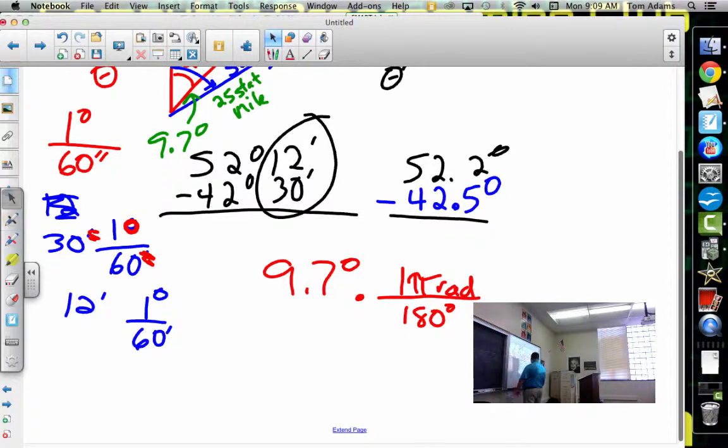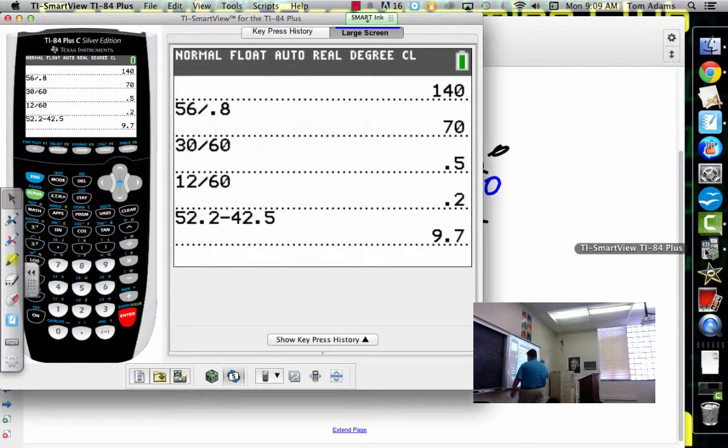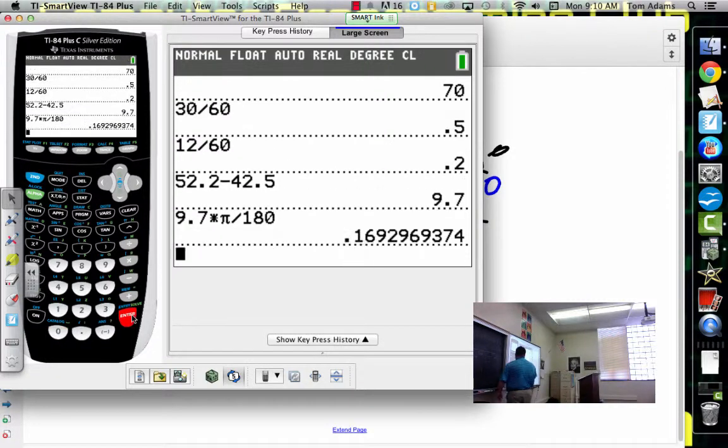On my calculator, I need to do 9.7 times pi divided by 180. Now, I would like to write it as pi. So if I wanted to write it as pi, I could say 9.7 divided by 180.